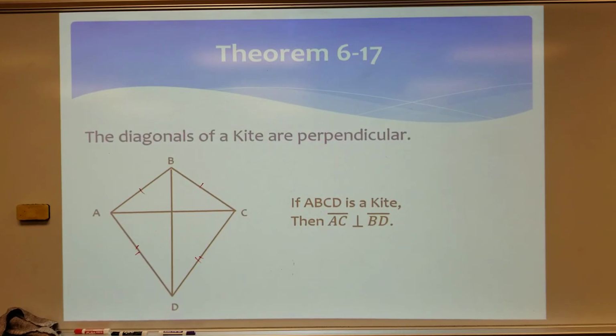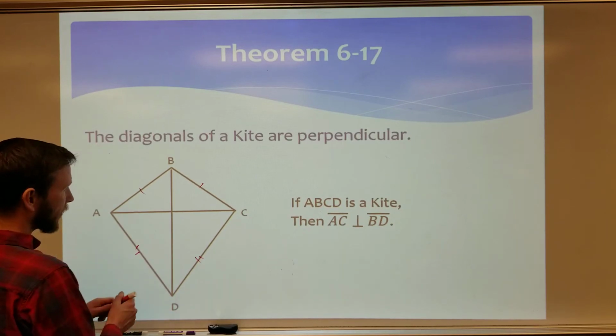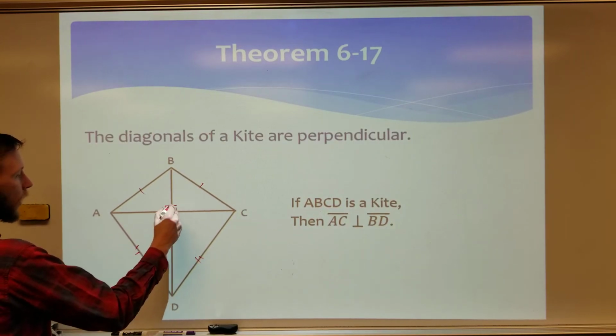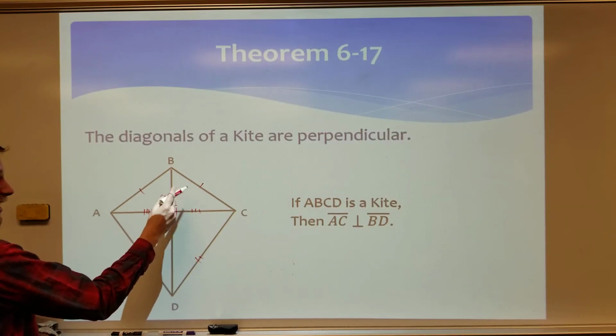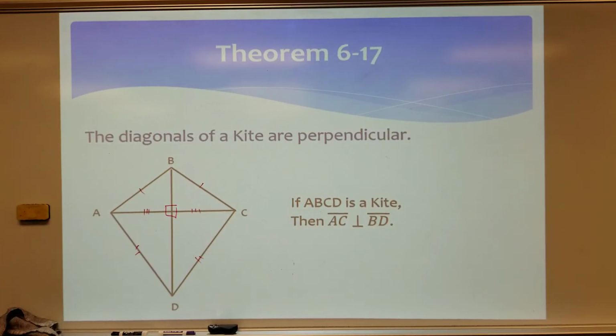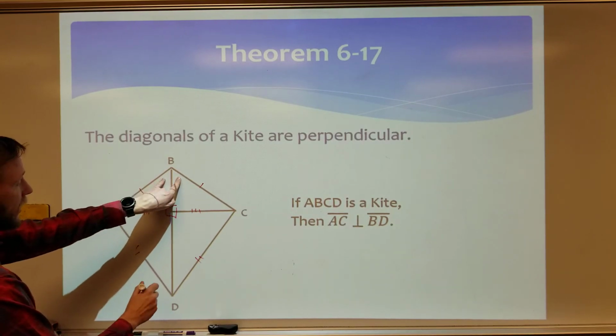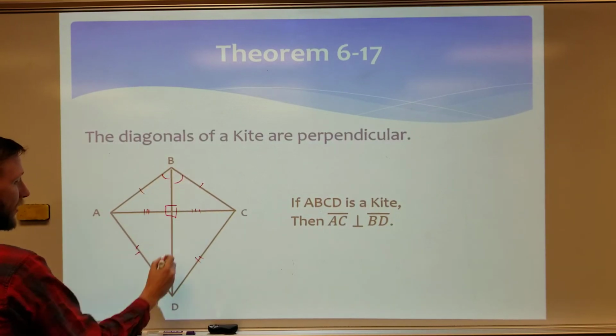And the way that we approach that proof is not too shabby. One of the things that we're going to recognize is that there's a couple other things that happen here. We're going to recognize that this diagonal is cut in half, but the other diagonal is not cut in half. And so there's a lot of fun facts that we can explore here. Essentially, we're going to find out that these angles are also bisected.